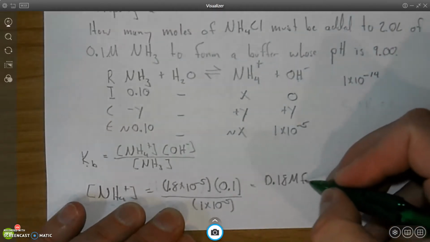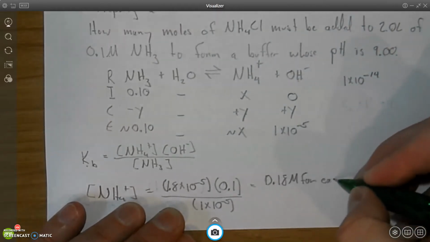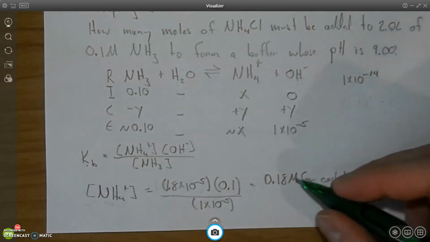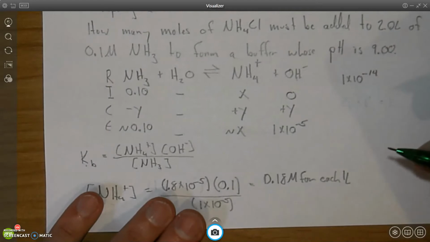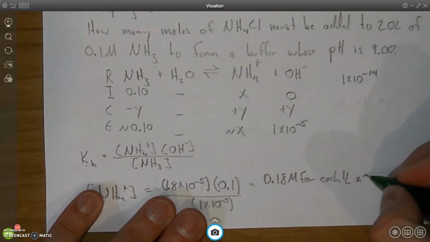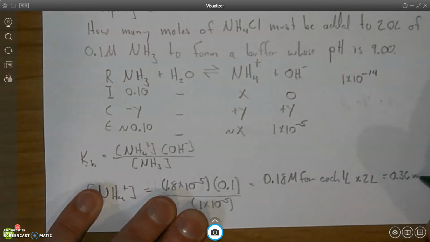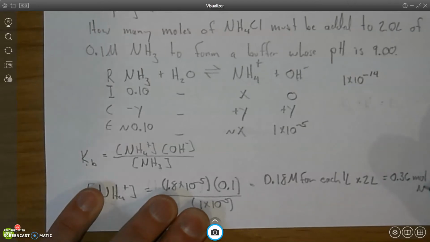And this is for each 1 liter, because it's a molarity, moles per liter. We want to know what it is for 2 liters, and that's going to give us 0.36 moles of NH4Cl. So that's how much we need.